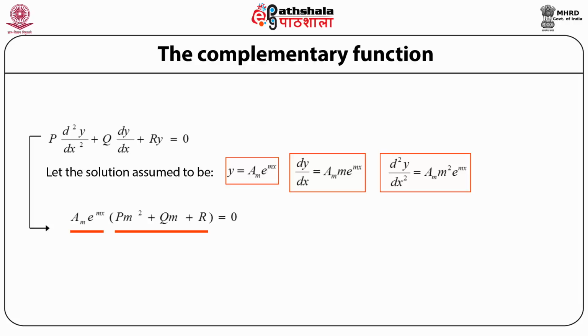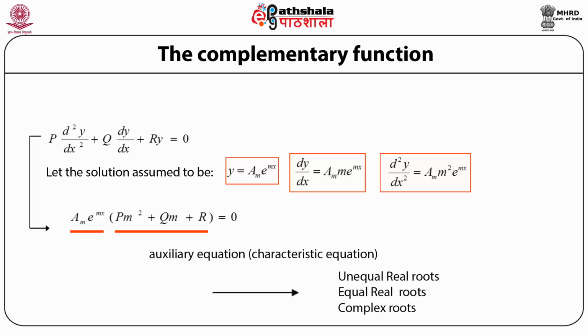Similarly, you can differentiate and find d squared y. Now, if you write the whole equation in terms of a and e to the power mx, then you can see a e to the power mx will become the common term, and then p m squared plus q m plus r will be the equation we need to solve. So when we have this equation, it can have unequal real roots, equal real roots, or complex roots.